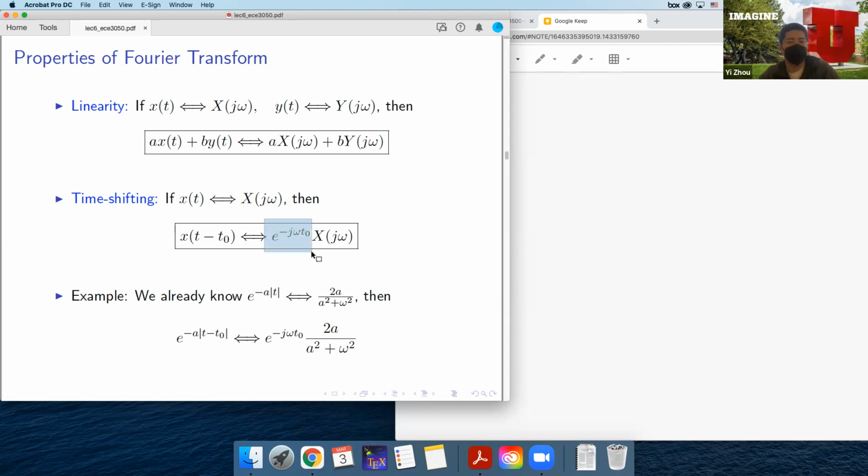So this is a constant phase change, negative omega t naught, where t naught is your time shift in the time domain. Following this property, we can see that if you shift a signal in the time domain, either to the left or to the right, this will only modify the phase of your spectrum, and it will not modify the amplitude of the spectrum.